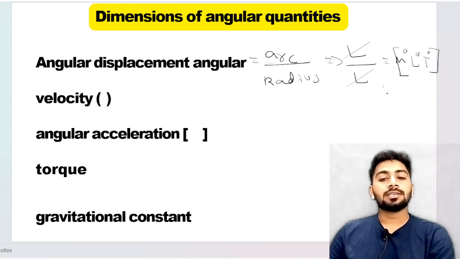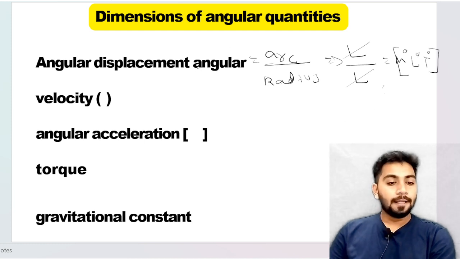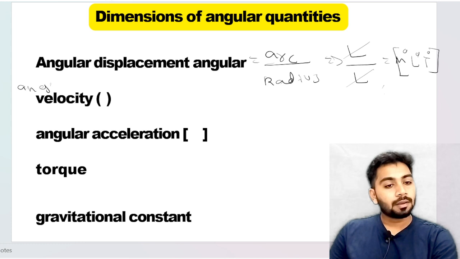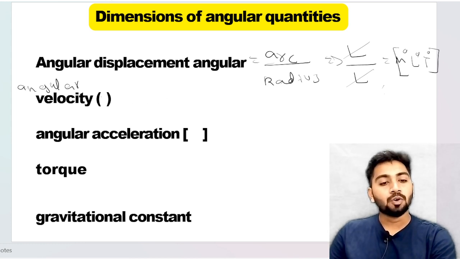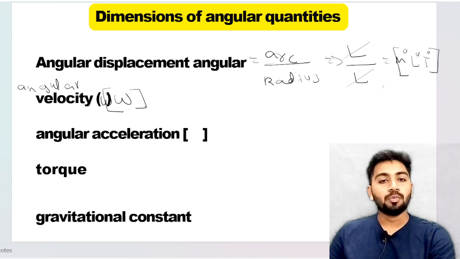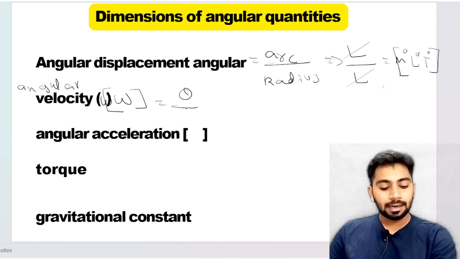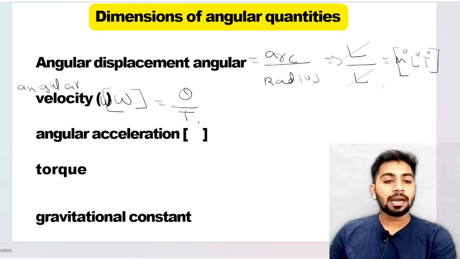Fine. Now similarly, let us see angular velocity, which we represent by omega. Omega is equal to angle by time.